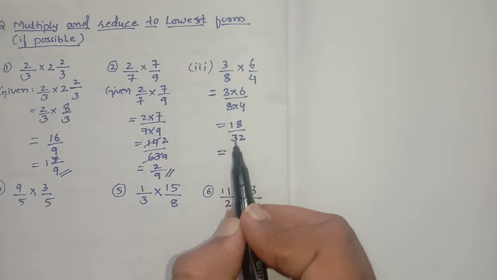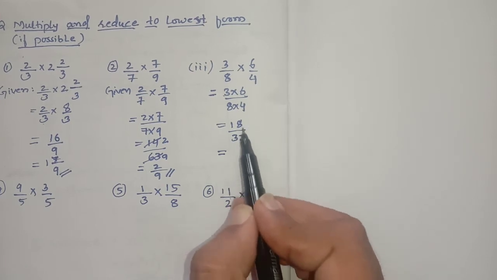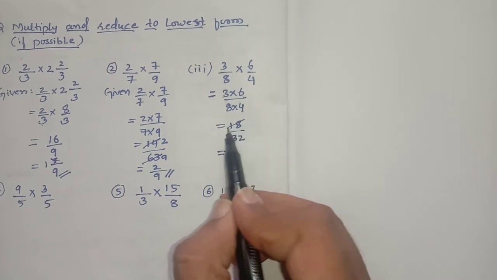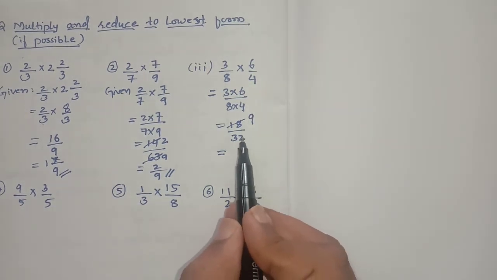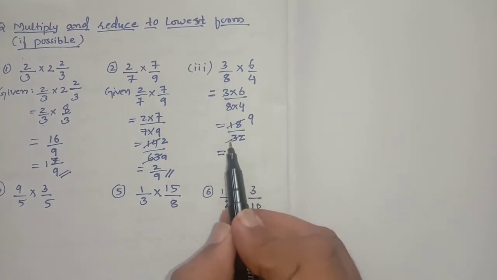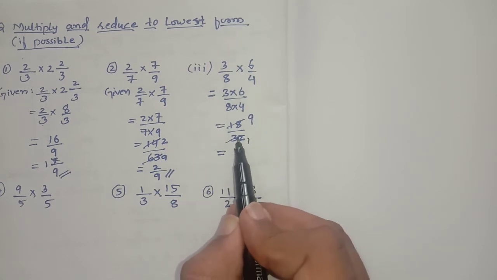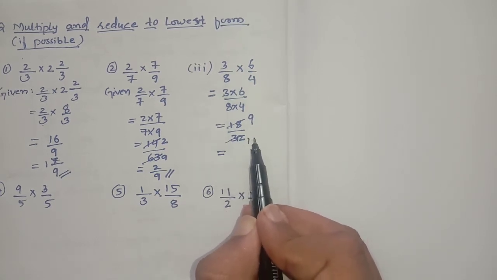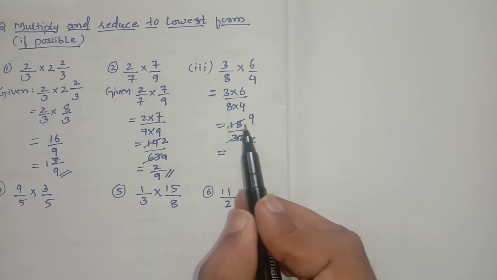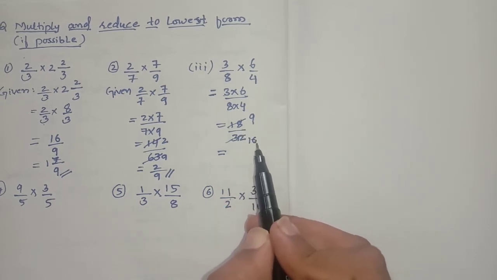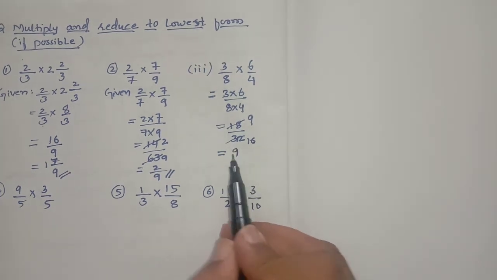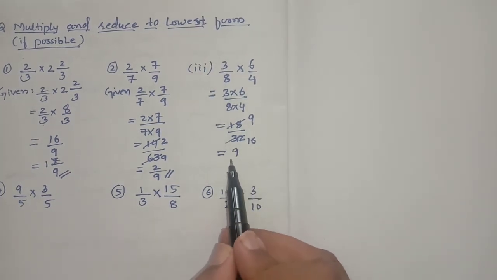Now the further division is possible. We can divide it by table 2, student. 2 9s are 18. Then here I can divide 2 1s are 2. Then 1 will remain. This becomes 12. 2 6s are 12. So answer will be 9 by 16.